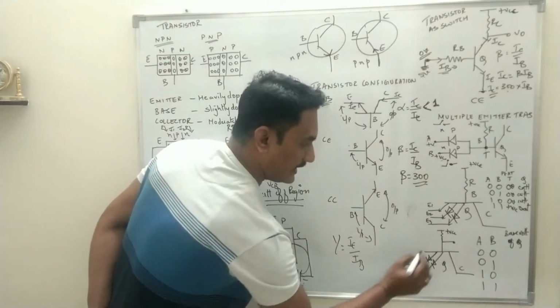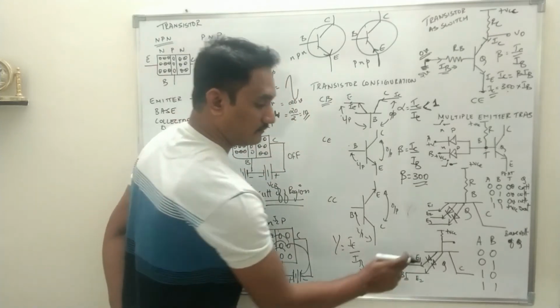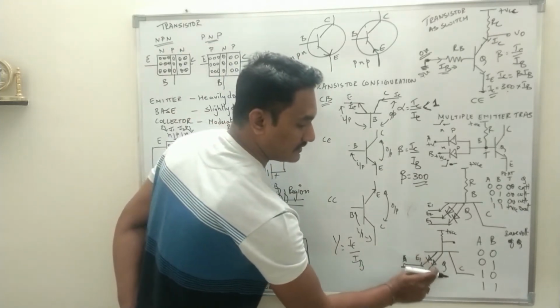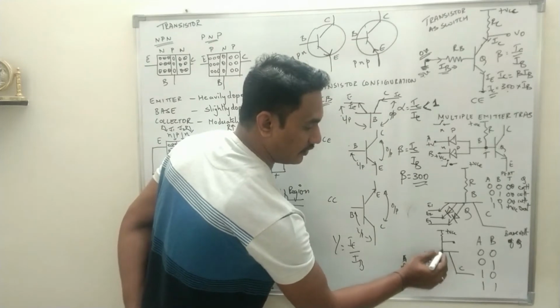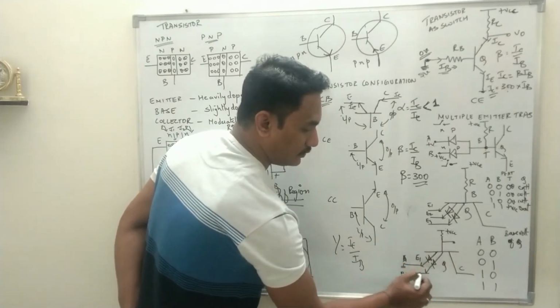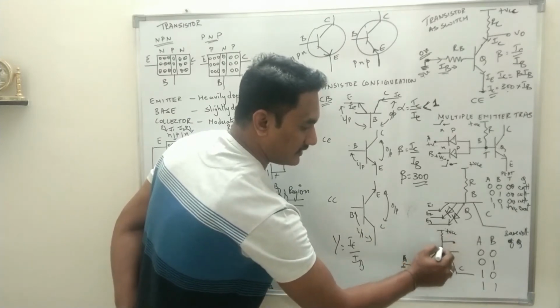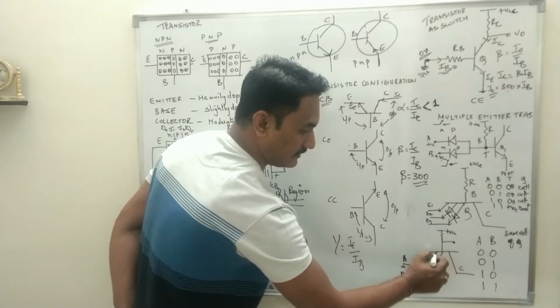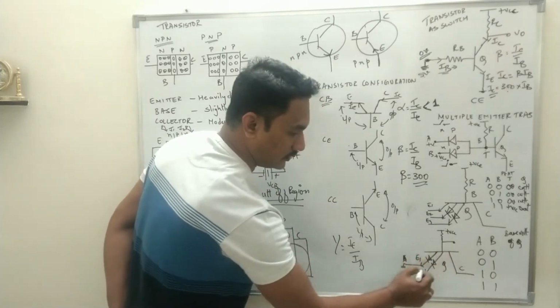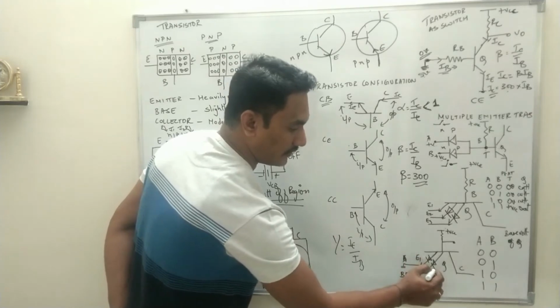Now when I say A and B both are 0, that means both A and B are ground terminals. What happens to this PN junction? Both P regions are already connected to positive, N regions are connected to ground. So both the PN junctions are forward bias. That means current will flow like this and go to ground, either through the upper diode or the lower diode.